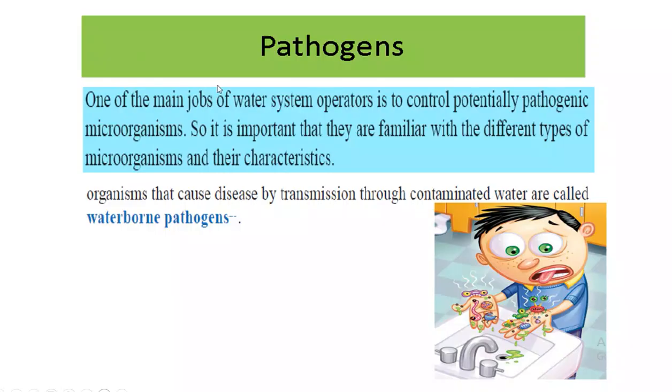Pathogens. One of the main jobs of water system operators is to control potentially pathogenic microorganisms, so it is important that they are familiar with the different types of microorganisms and their characteristics. Organisms that cause disease by transmission through contaminated water are called waterborne pathogens.